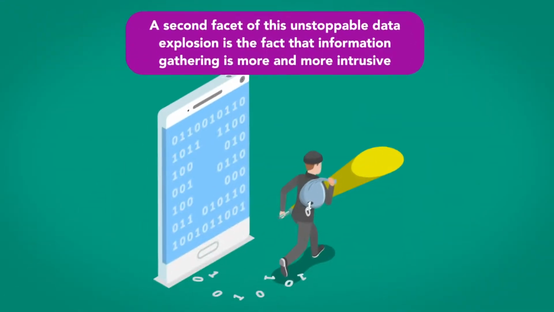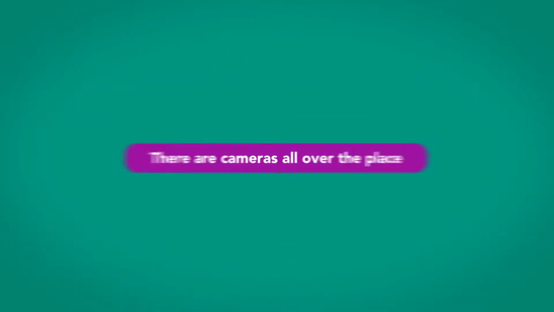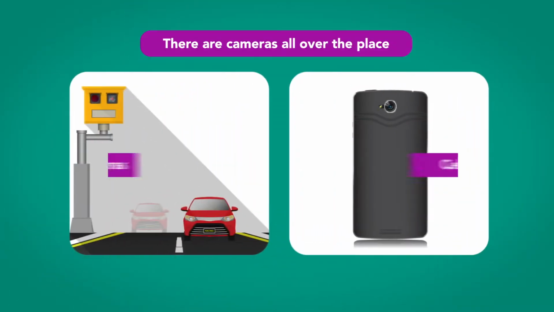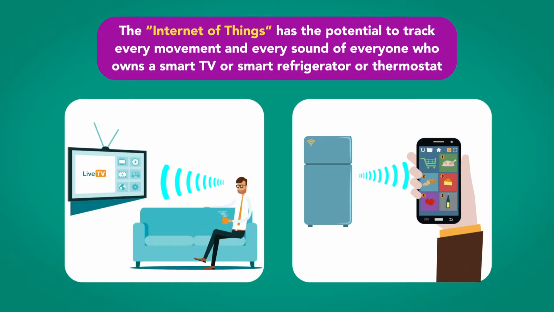A second facet of this unstoppable data explosion is the fact that information gathering is more and more intrusive. There are cameras all over the place, from red light cameras to cell phones. The Internet of Things has the potential to track every movement and every sound of everyone who owns a smart TV or smart refrigerator or thermostat.